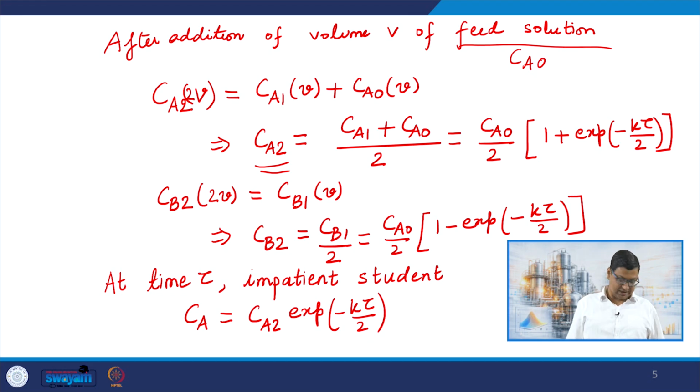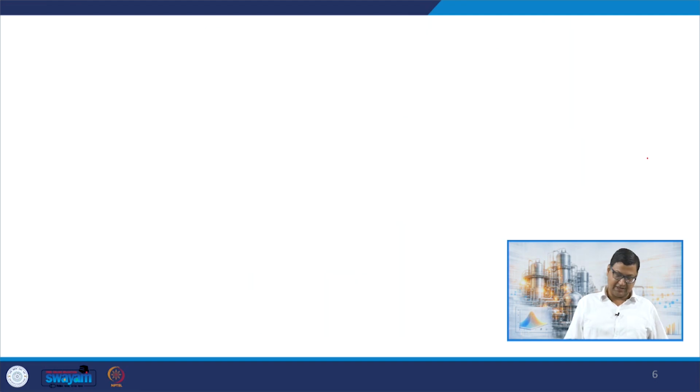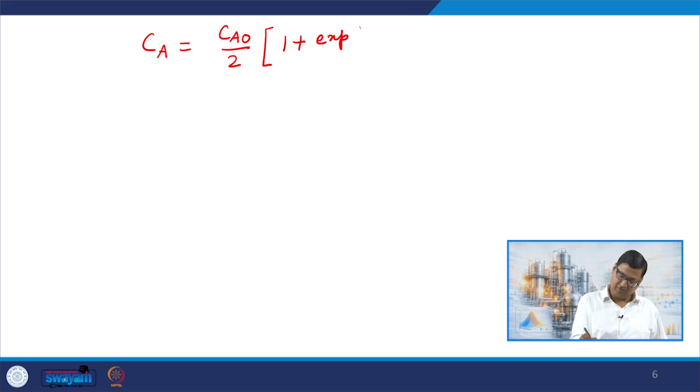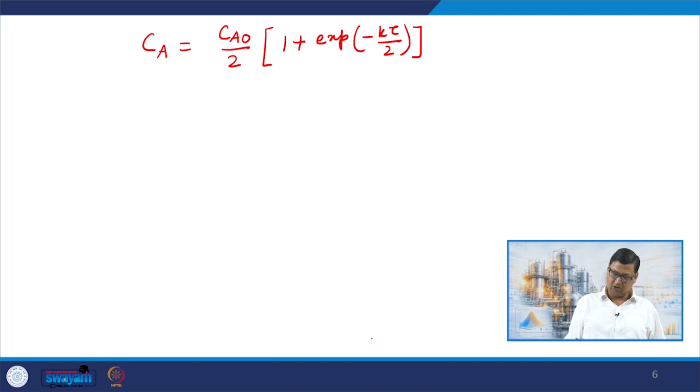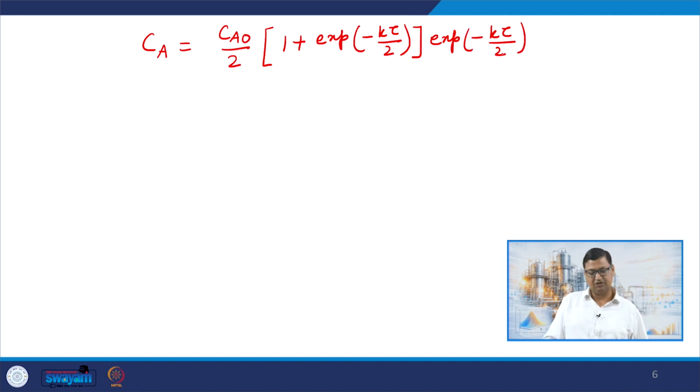Plugging in the value of Ca2, we get Ca equal to Ca naught by 2 times 1 plus exponential of minus k tau by 2, and then we need to multiply this with exponential of minus k tau by 2. So, this is the concentration of A at the end of time tau for the impatient student.